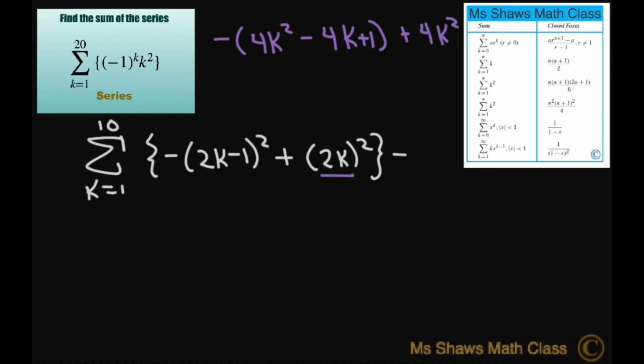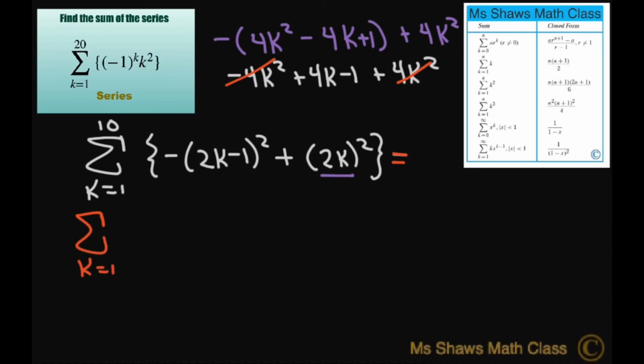So if you simplify this, we're going to get negative 4k squared plus 4k minus 1 plus 4k squared. So what happens is these cancel. So this whole thing is going to equal the sum from k equals 1 to 10 of 4k minus 1.